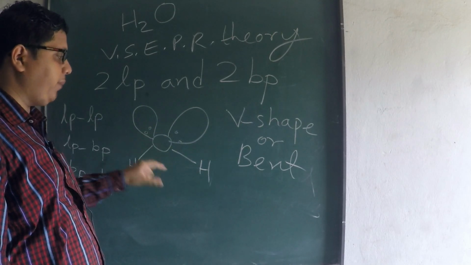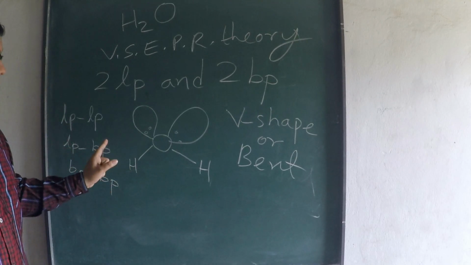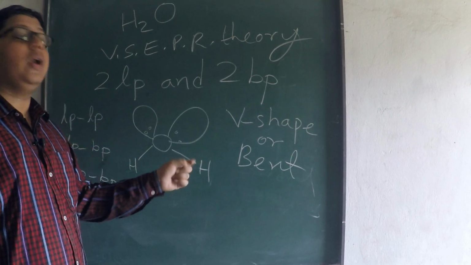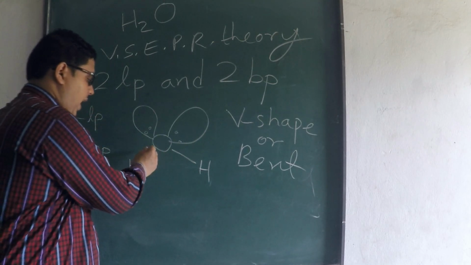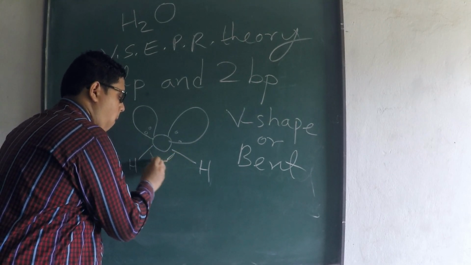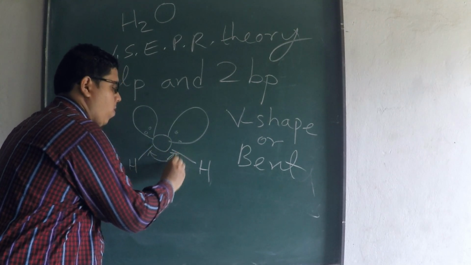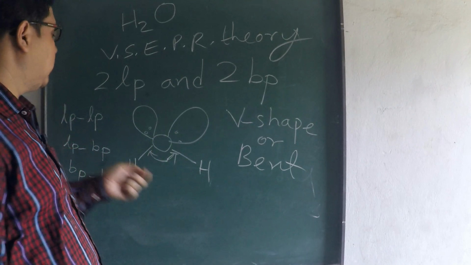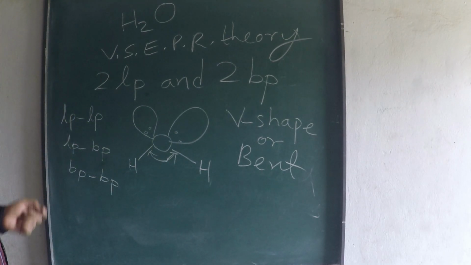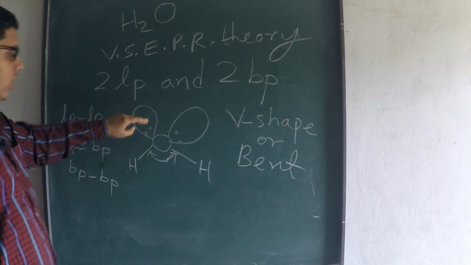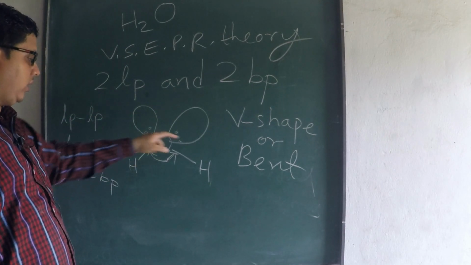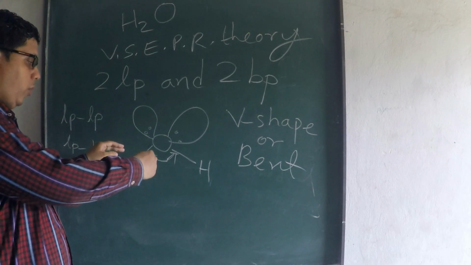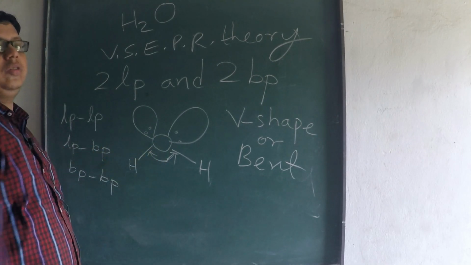Not only does the shape change, there is also a change in the bond angle. The angle between these two changes due to the repulsion of the lone pairs. The lone pairs are repelling each other, but they are repelling the bond pairs also, so the bond pairs come closer to each other.